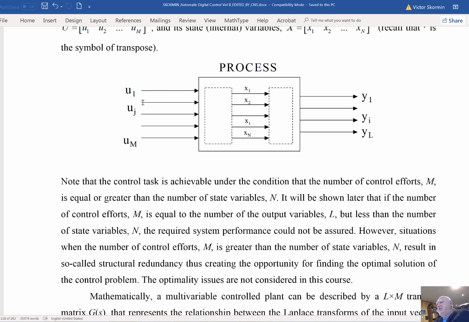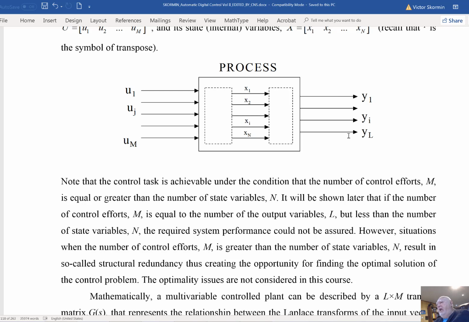The relationship between input number 2 and the output number 1, for example, is a channel 2 1 of the system. And if you have a total of, let's say, 4 inputs and 4 outputs, the system can have a total of 16 channels. And all these channels are coupled in the sense that each individual input affects all outputs. It's not good for the control purpose.